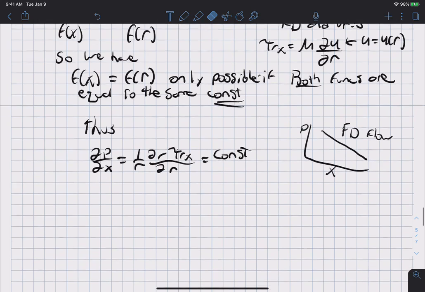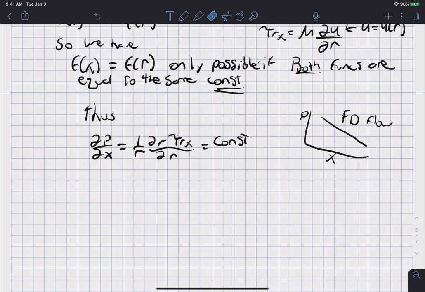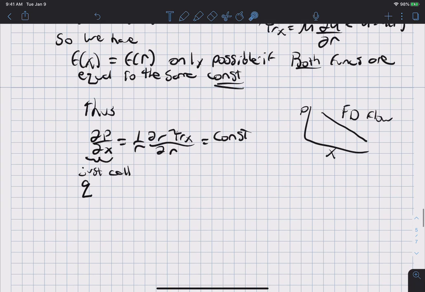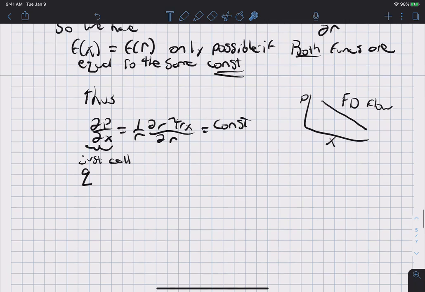Now we're going to take it a step further, because to evaluate dp dx and pressure as a function of x, we actually need to integrate these equations. Since dp dx is equal to a constant, I'm just going to call it q, because I'm lazy and I don't want to write dp dx 500,000 times. And it's equal to a constant.